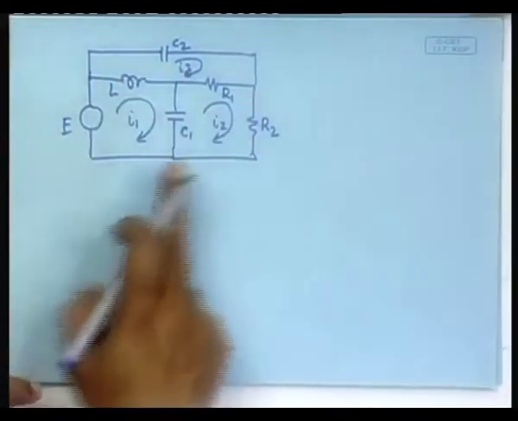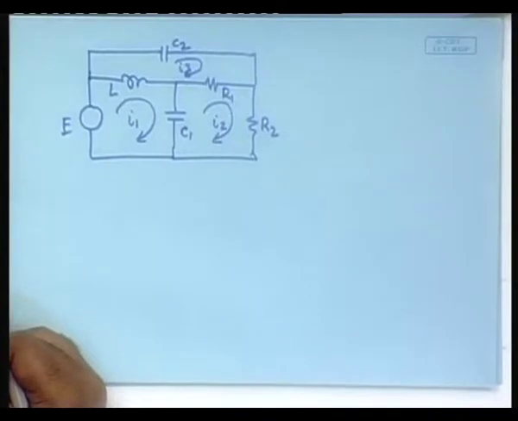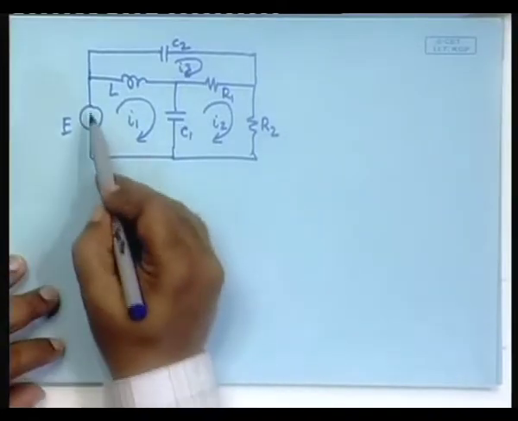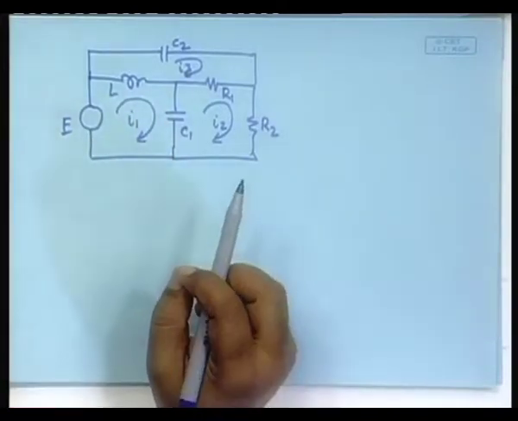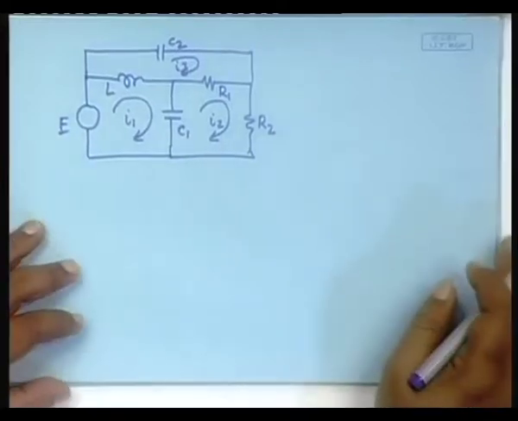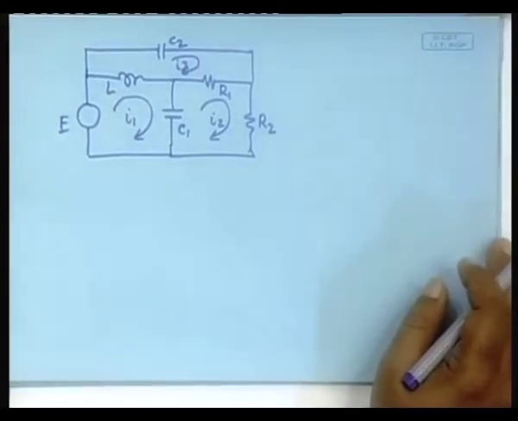Quickly write the mesh current equations. Remember, you have to go around the loops and keep track of the positives and negatives. That is the most common mistake that people make.